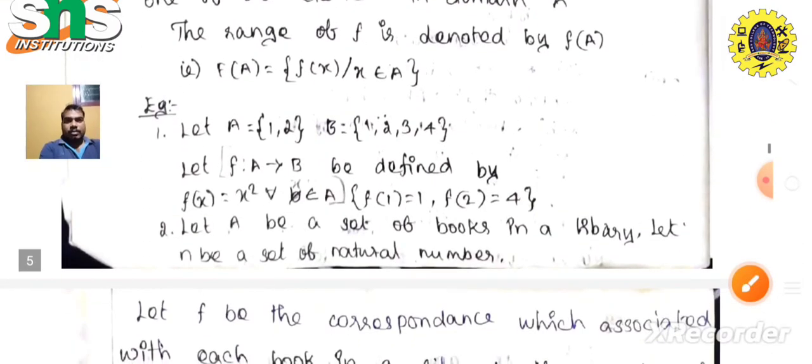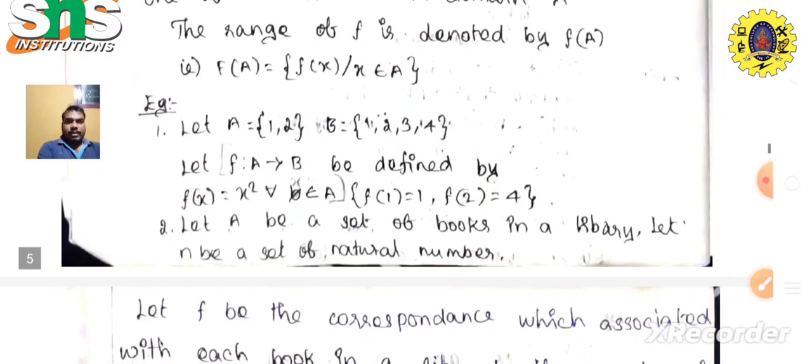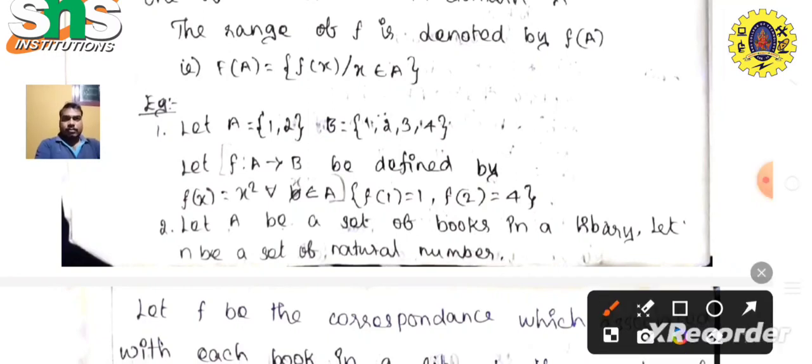For example, for range, let A equal to {1, 2}, B equal to {1, 2, 3, 4}.